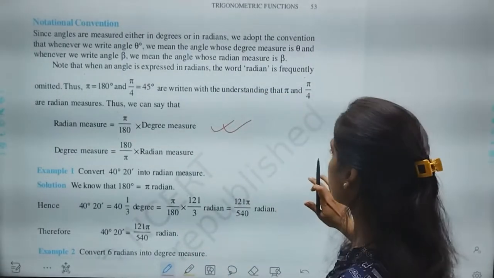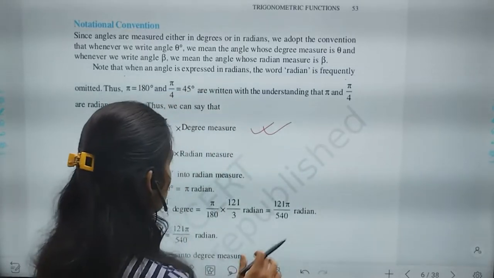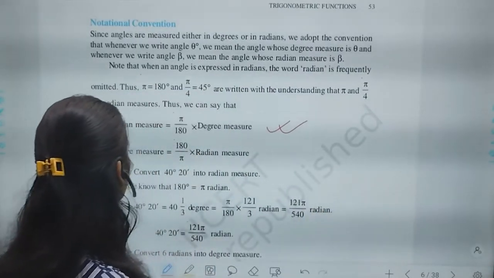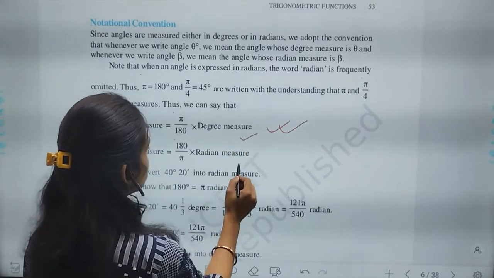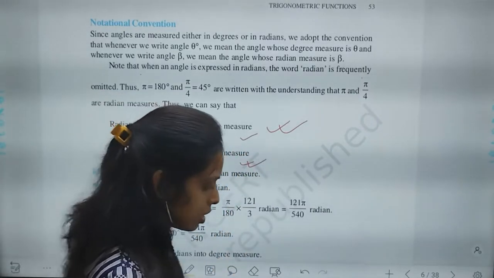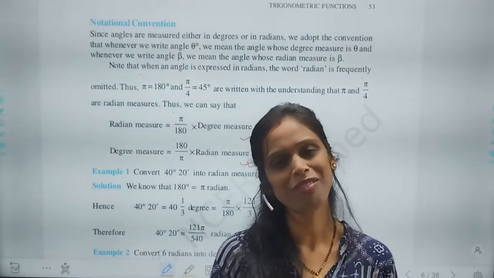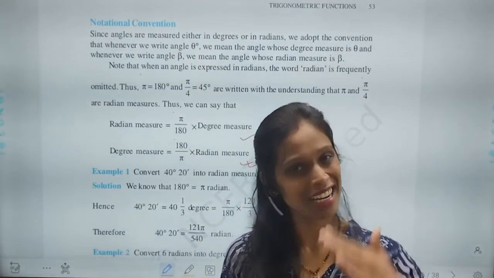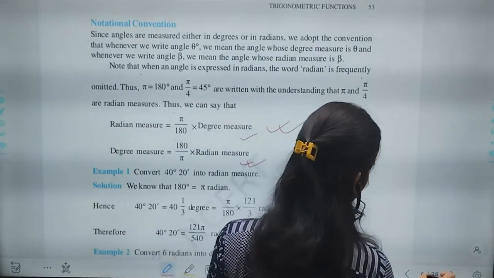One degree means pi by 180 radian. Then I think you have understood this chapter in a very crystal clear manner, and let's come to the exercise.